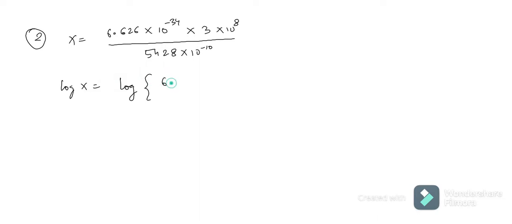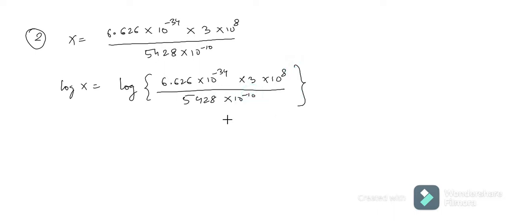Log of 6.626 into 10 to the minus 34 into 3 into 10 to the 8 divided by 5.428 into 10 to the minus 10. Be sure to write all the scientific notations here only, not carry them to the end of the calculation.